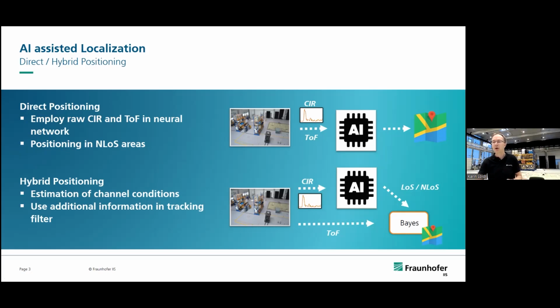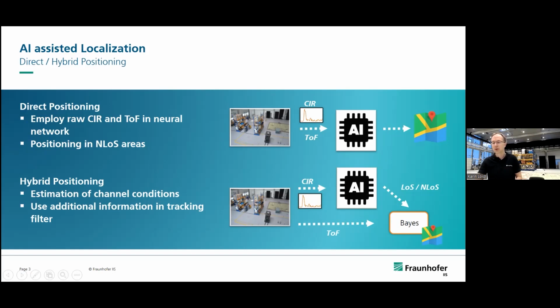But if you have a non-line of sight case, so blockage of signals and then reflections and scattering and so on, you like to know that, because in this case you can adapt your filters, or you just can, for example, put away some time of flight measurements where you see that they are blocked signals.